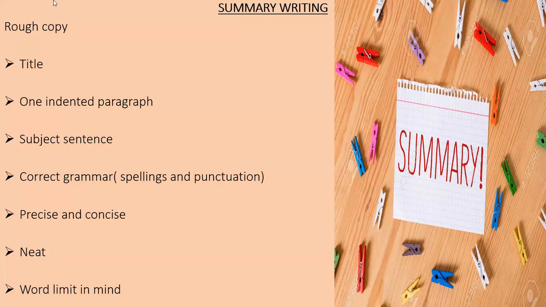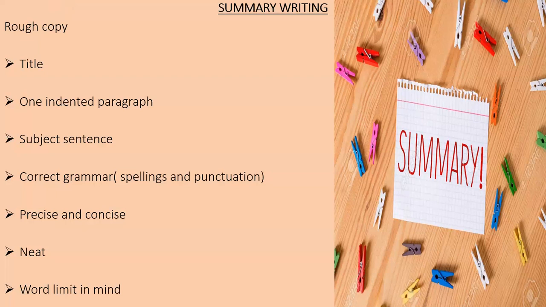Now, where do we get our title from? We always derive the title from the question, okay? And make sure you copy the question as it is. Do not even change a preposition or an adjective or leave out an article, okay?